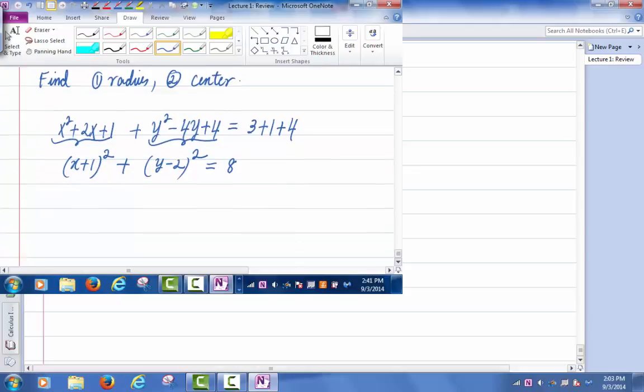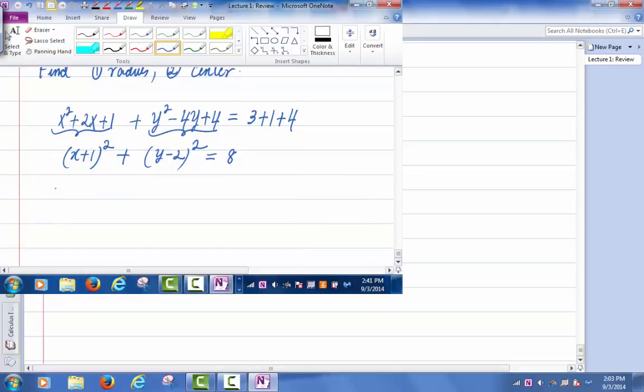And now I could tell you the following. What's the radius? And 8 is what? Root of 8 squared. So the radius is root of 8. Okay, that was the hard part. So what's the center? Very good. Negative 1, 2.